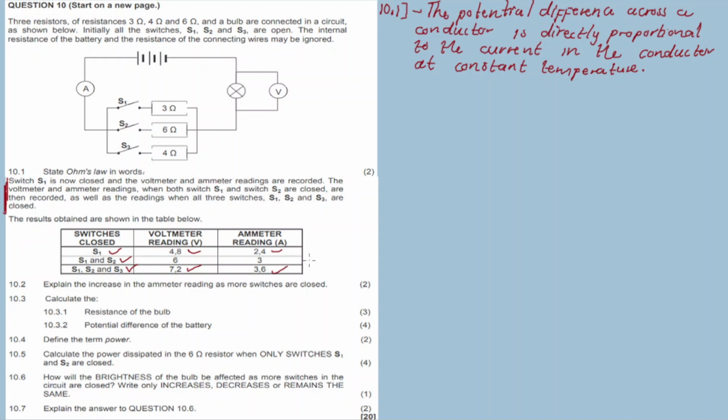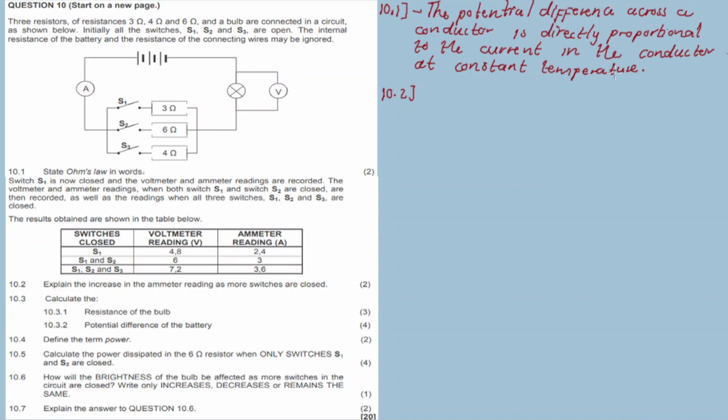Then the results are obtained as shown in the table below. Question 10.2: explain the increase in the ammeter readings as more switches are closed.